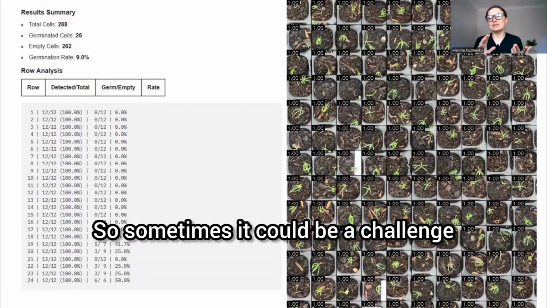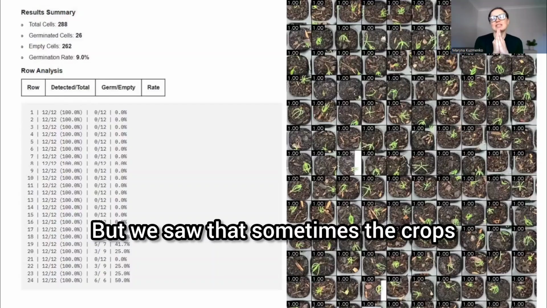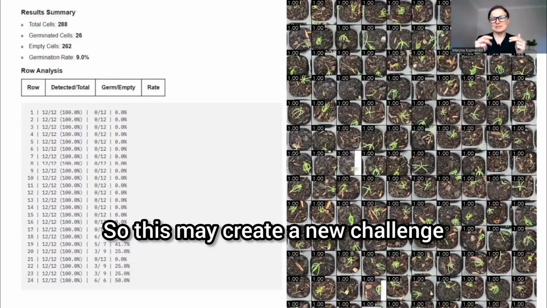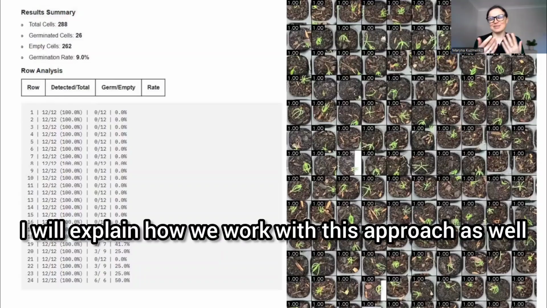So sometimes it could be a challenge, specifically, as we saw in another case, not shown here, that sometimes the crops germinate as not just one but a few seedlings. So this may create a new challenge. So in my next video I will explain how we work with this approach as well.